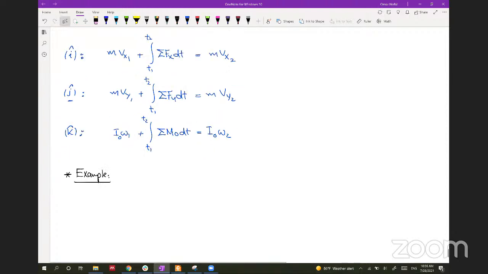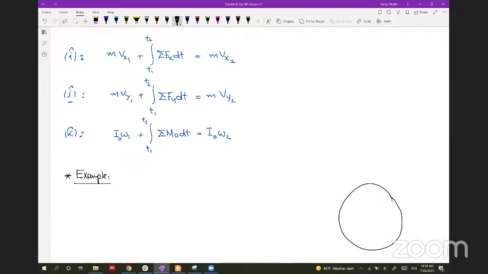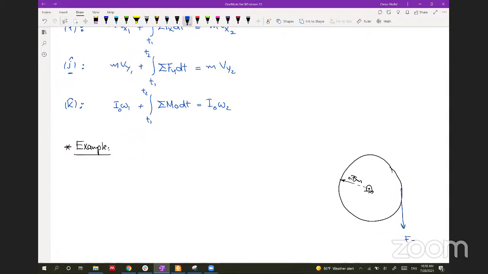Let's assume that we have a disk, something like this, pinned here, with a radius of 0.75 meter. There are some forces acting on this disk. Let's assume that we have a cable with a tension equal to 10 pounds. And there's a moment acting on this disk, M equal to 4 pound-foot. The weight of the disk is equal to 20 pounds.